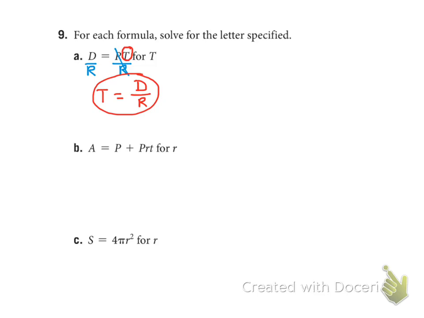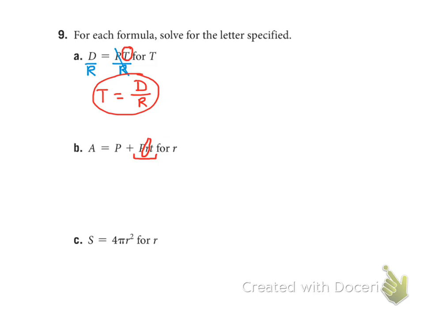Letter B. This time we want to solve for the little r, which is right there. So that means we'll have to get this term by itself. How do we get rid of the P? Which P? Well, I just said that we'll have to get this term by itself.